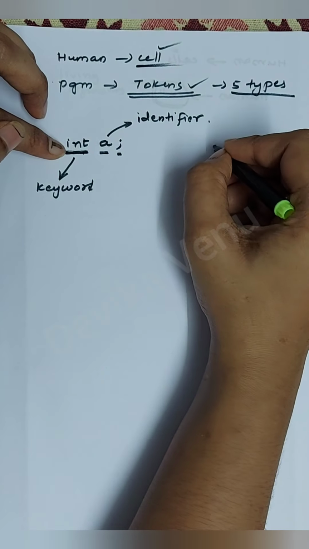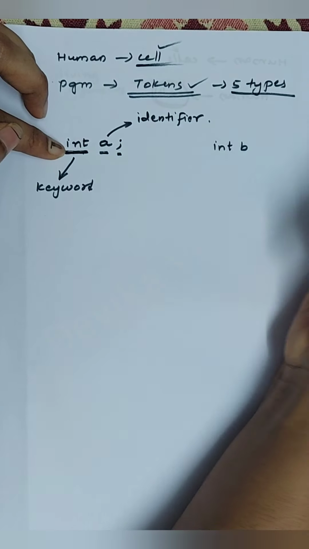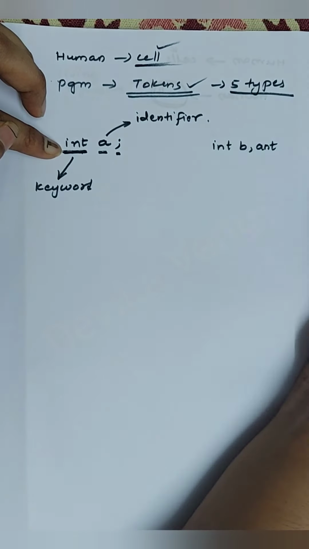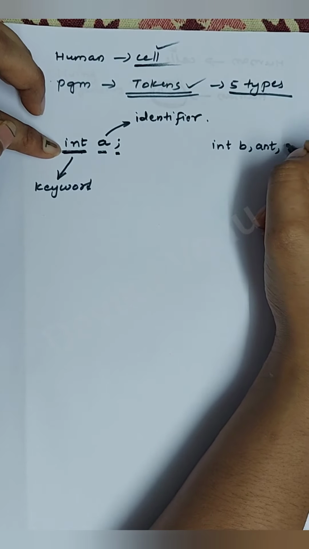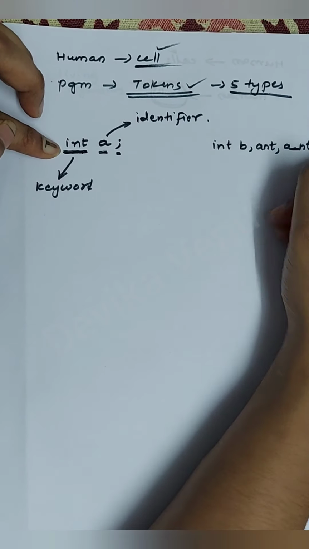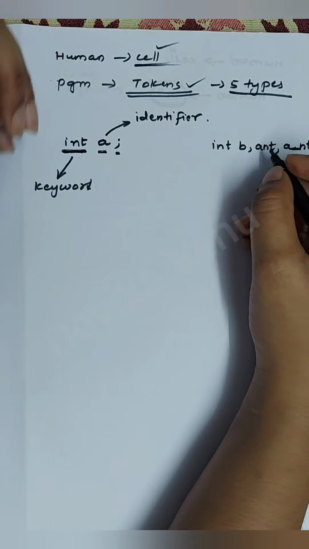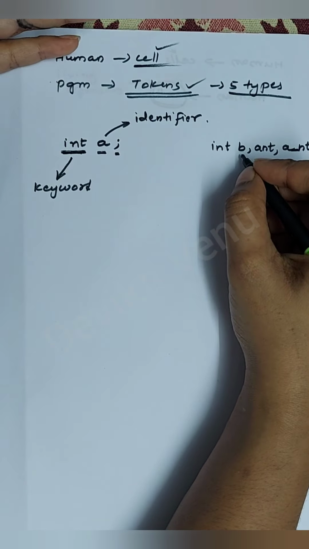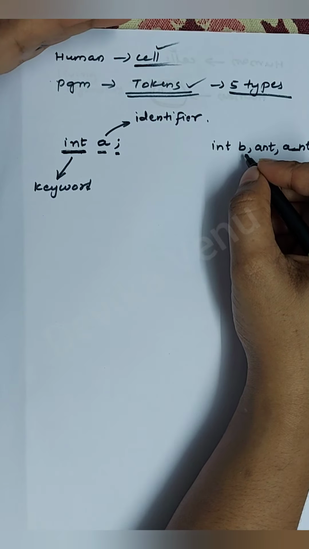Maybe it can be int b, or a underscore nt, like that also I can give, which means that you can use a sequence of letters or a letter as an identifier.